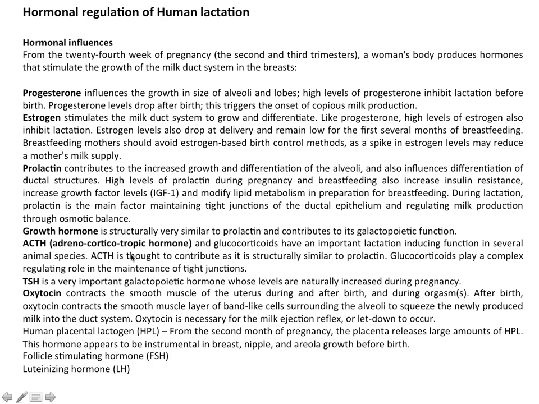ACTH, that is adrenocorticotropic hormone, and glucocorticoid hormones are also important for the lactation. Apart from that, TSH is also important for galactopoietic activity, and oxytocin helps in the contraction of the smooth muscle of the uterus during childbirth, and it is also important for the contraction of the mammary gland. So that's all about the female reproductive hormones.